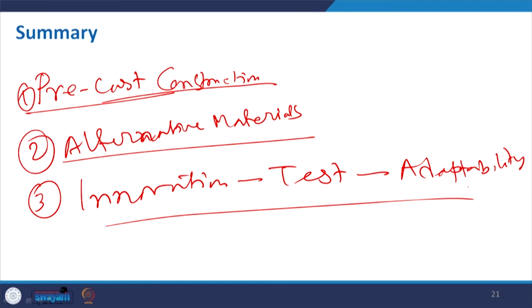I am repeating this sentence again and again: we can pick up the cost-effective things, but without compromising the quality related to the strength of the building, the aesthetics, and the performance of the building under different loads or maybe different externalities.